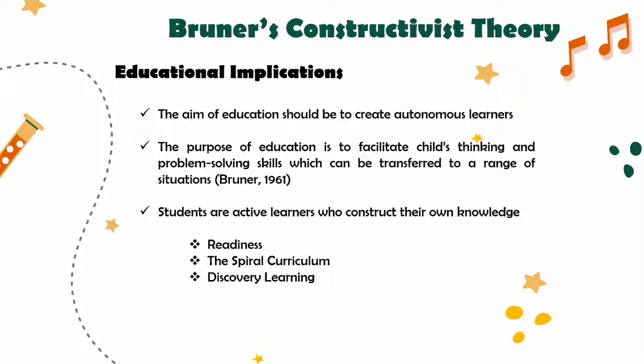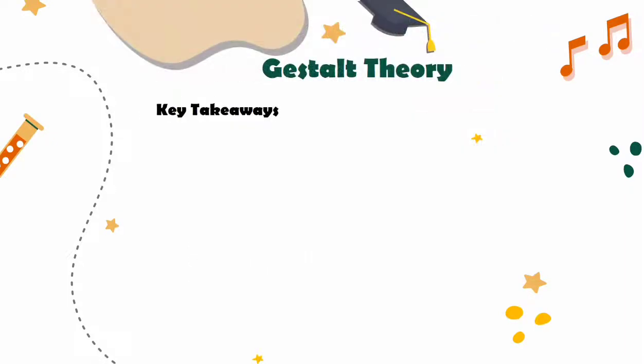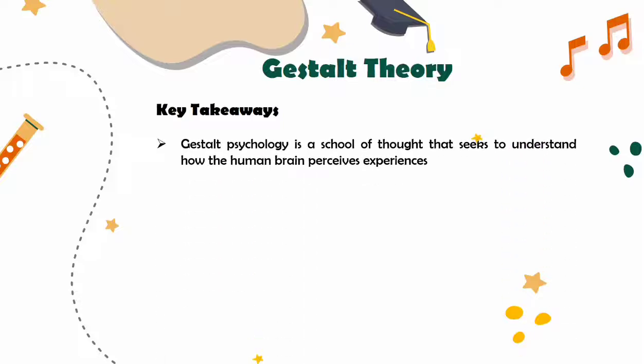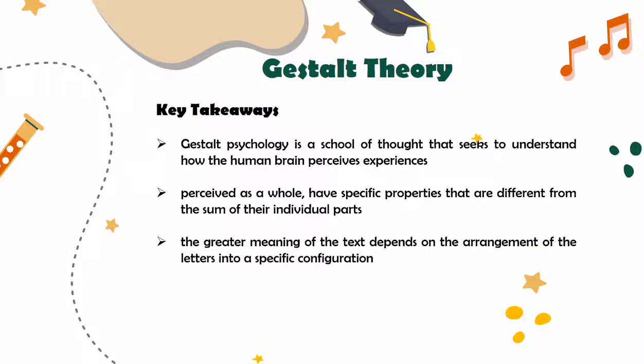So let's now learn about Gestalt theory. The key takeaway is that Gestalt psychology is a school of thought that seeks to understand how the human brain perceives experiences. It suggests that structures are perceived as a whole and have specific properties that are different from the sum of their individual parts.